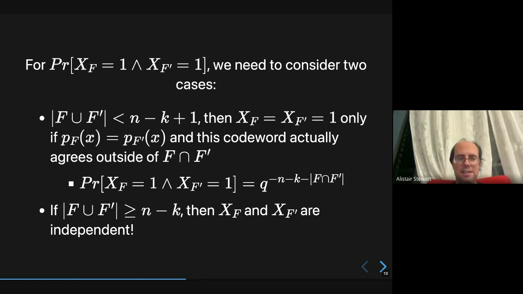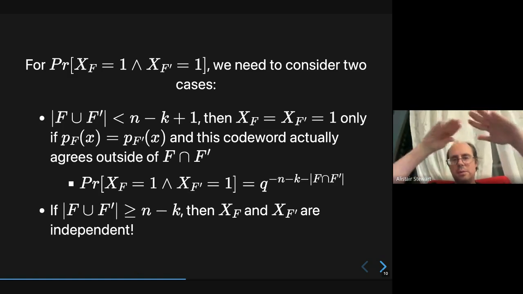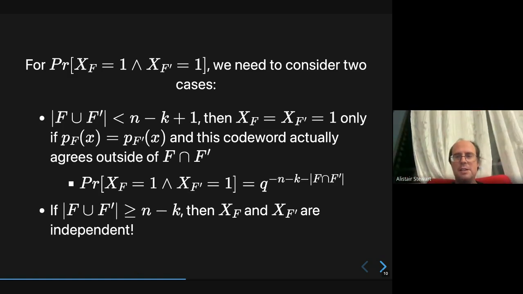If the disagreement sets intersect by a lot and they have a small union, their union is below n minus k plus 1, which is the minimum distance of the code, then the two code words you get with these two things have to be the same. And this is kind of bad for us, but the probability goes down, and if the intersection is smaller, the probability becomes irrelevant.